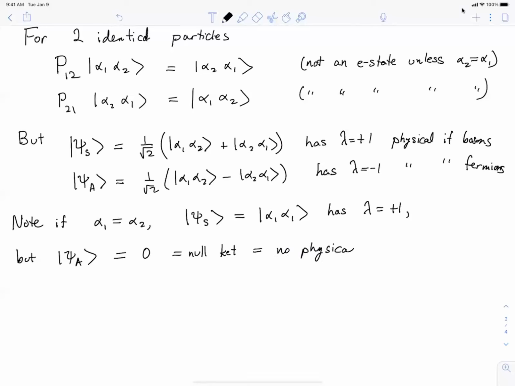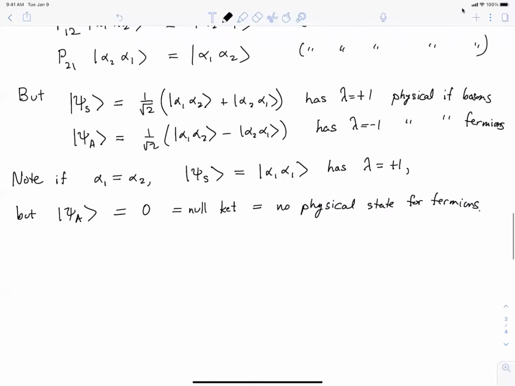That's one of the postulates of quantum mechanics, that physical states are non-null kets. So there's no physical state like that for fermions. So this is the Pauli exclusion principle. It follows from the more general requirement that we've made on these states. So this is Pauli exclusion.